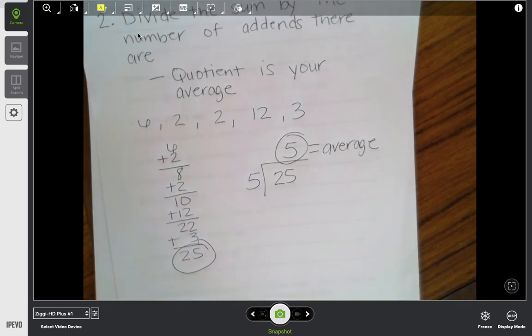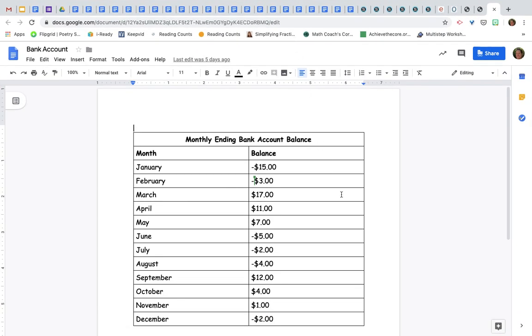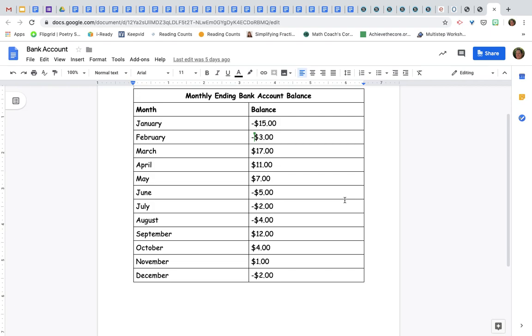I want us to do another example, okay? Let's say that we were working with this bank account data. And let's say that I'm trying to find the seasonal average of my bank account. And since it's fall, let's do the fall months.